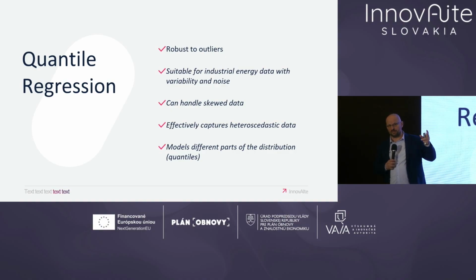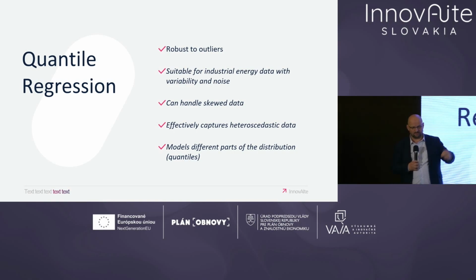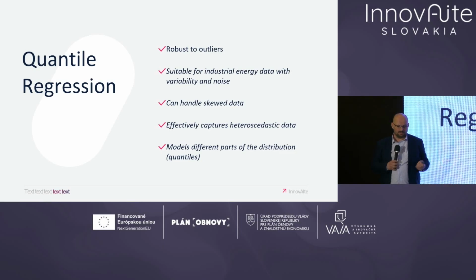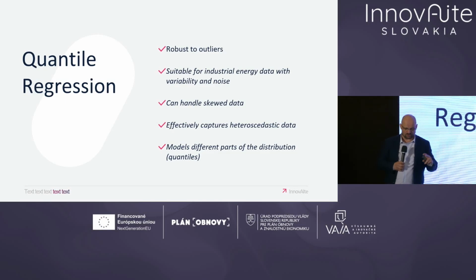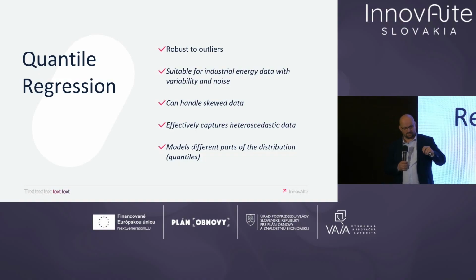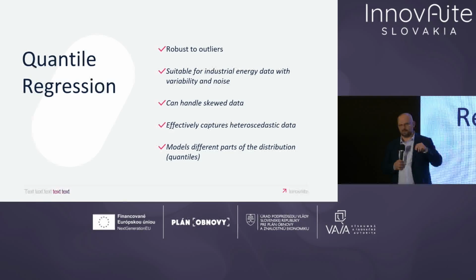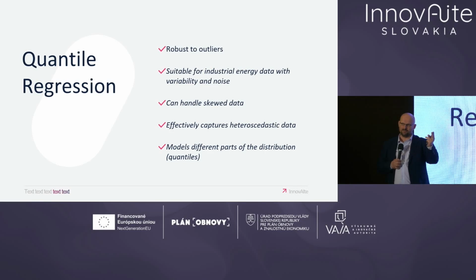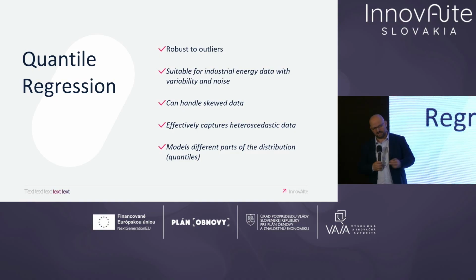Why did we pick regression, and especially quantile regression? Regression is robust to outliers. It's more suitable for industrial energy data. It can handle skewed data. And with a quantile regression, you can handle the data based on the quantile you pick.